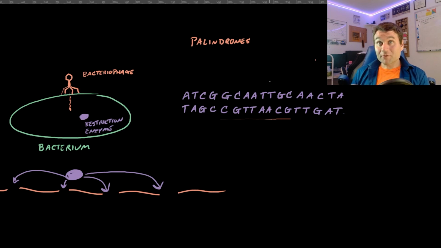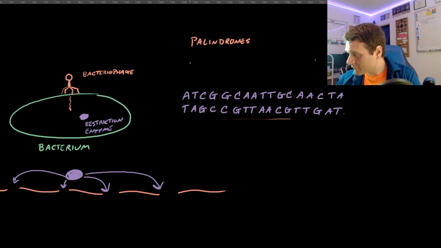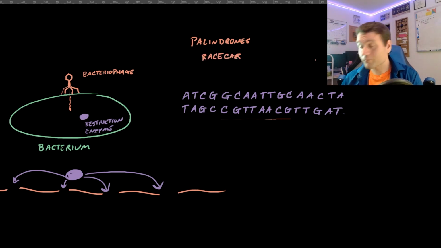Palindromes, if you're familiar with the term just from normal English language, are words that are spelled the same backwards as forwards. So the word race car, for instance, is a palindrome because if you spell it backwards, you still have race car.